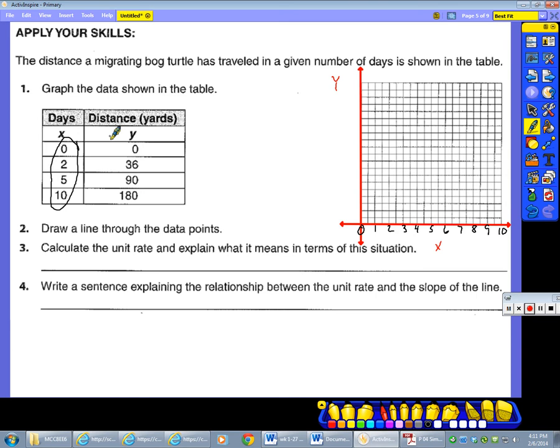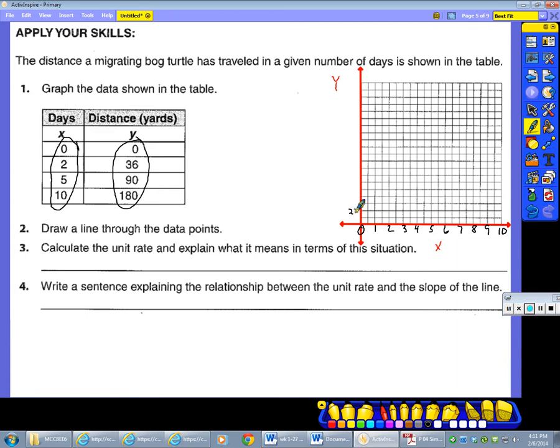And so now my y-axis, I have to go from 0 up to 180. And you can count by whatever you want. I'm going to count by tens. Well, 10 might not be enough. Let's count by 20s.